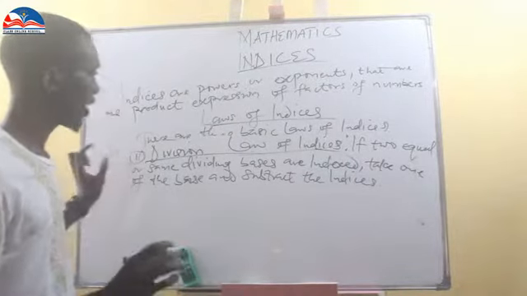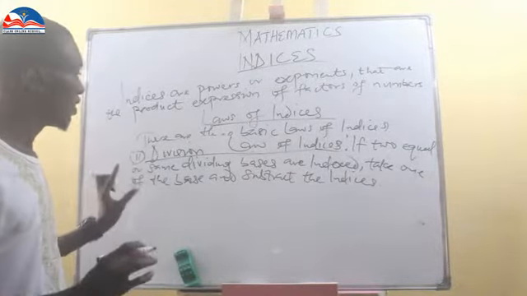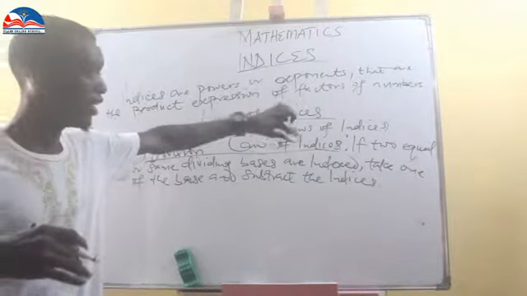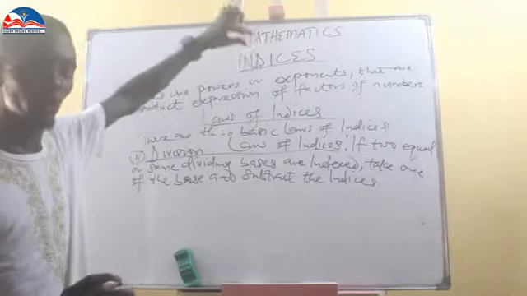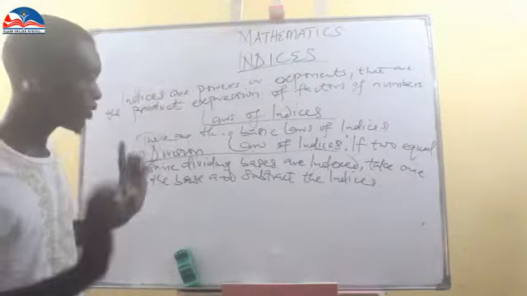Okay, law 2 says that if two equal or same dividing bases are indexed, take one of the base and subtract the indices. But in multiplication we are told to add the indices, so you must know that.